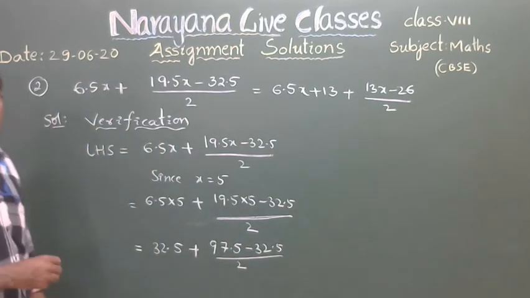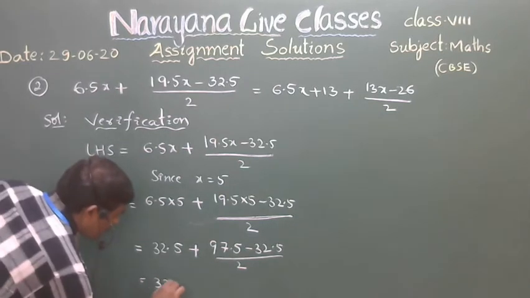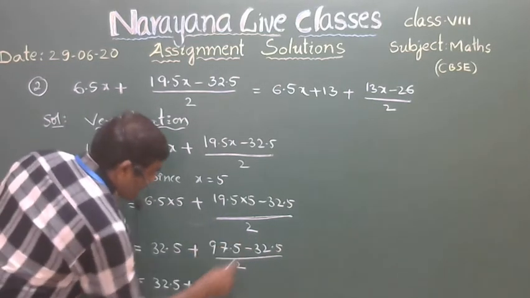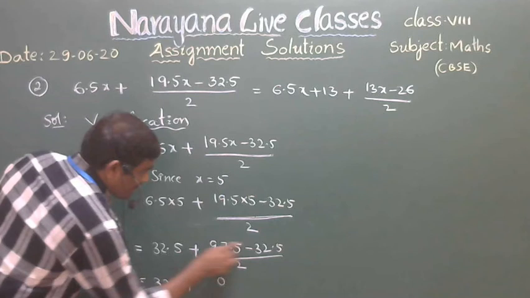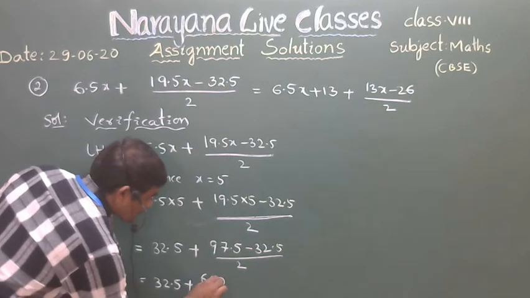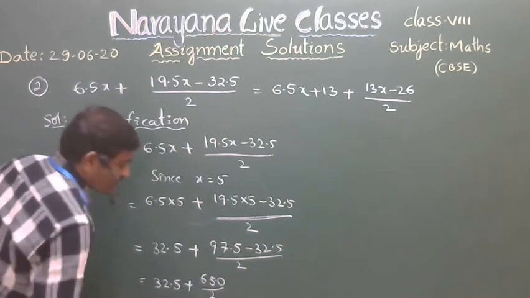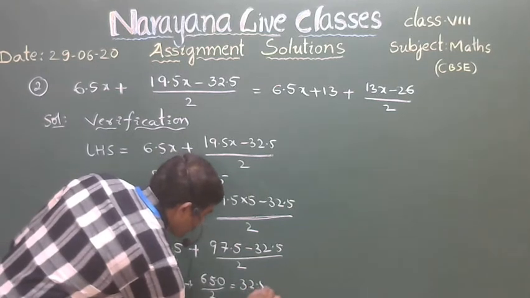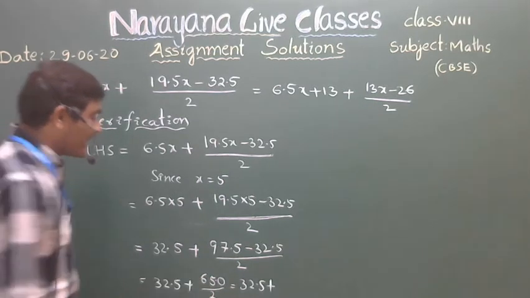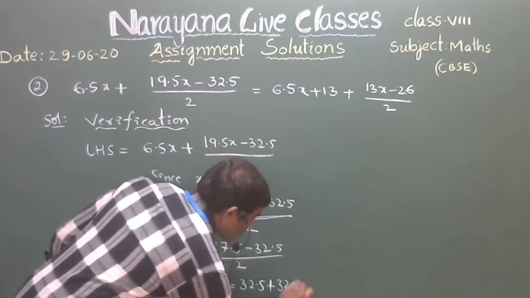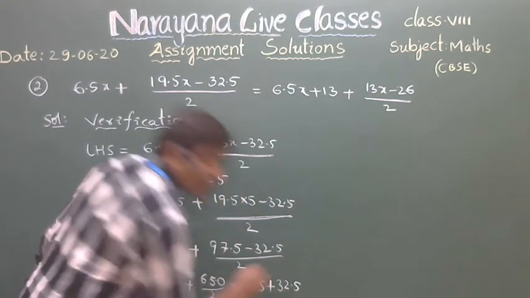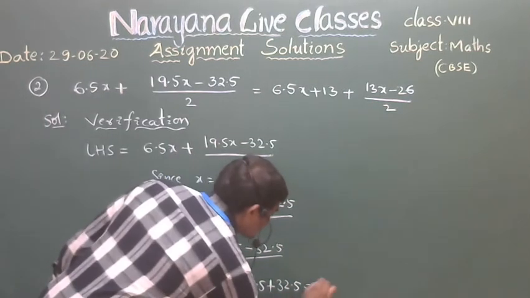Then what I will get? 32.5 plus 97.5 minus 32.5: 5 minus 5 is 0, 7 minus 2 is 5, 9 minus 3 is 6, so 65.0 by 2. That is equal to 32.5 plus 32.5, which is 65. So LHS I got 65.